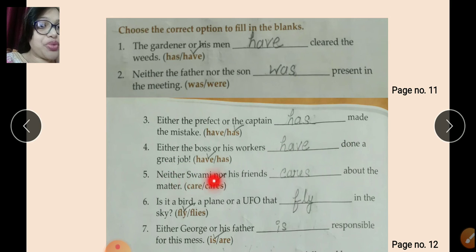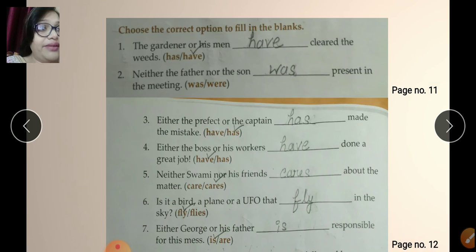Neither Swami nor his friend cares about the matter. Is it a bird or a plane or a UFO that flies in the sky? Either George or his father is responsible for this mess. So this is your exercise C3.